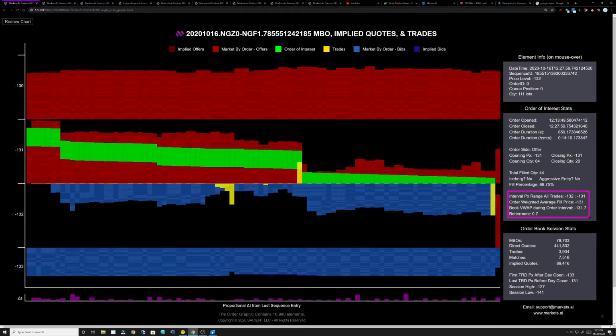The order's weighted average fill price was, of course, 131. It's purely a passive order, about as simple as you can get. It's just resting right there. But you can see that there are a number of trades that hit 132s.